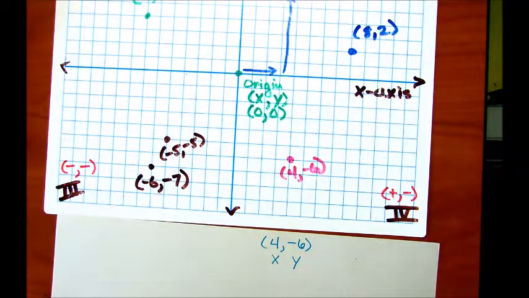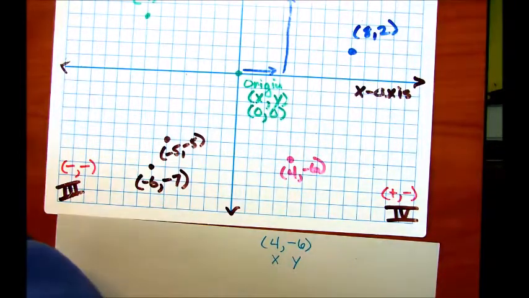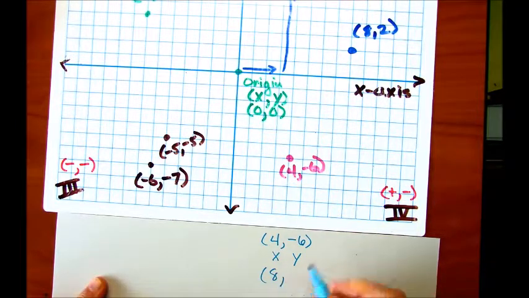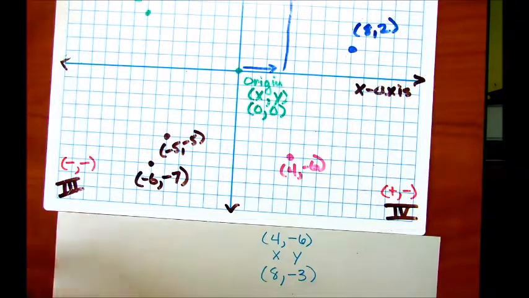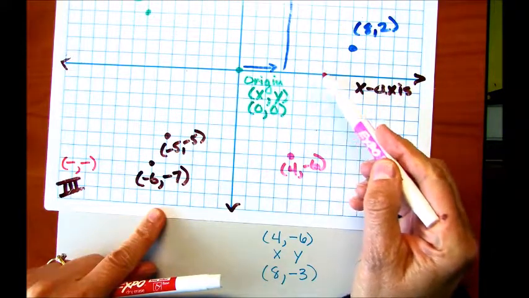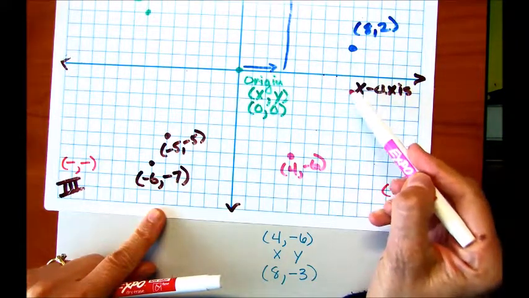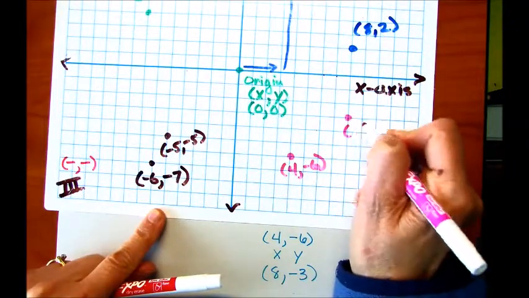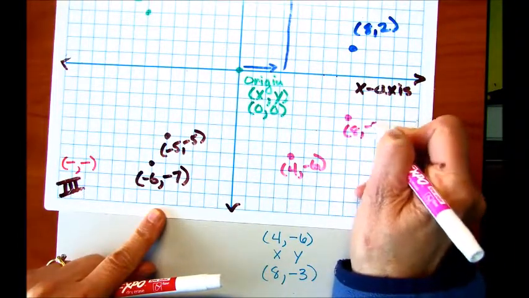And let's do one more. Let's say we have 8, negative 3. One, 2, 3, 4, 5, 6, 7, 8. 1, 2, 3. 8, negative 3.